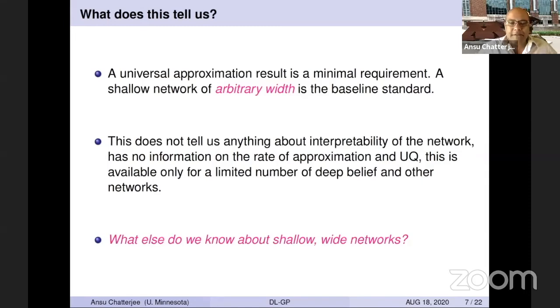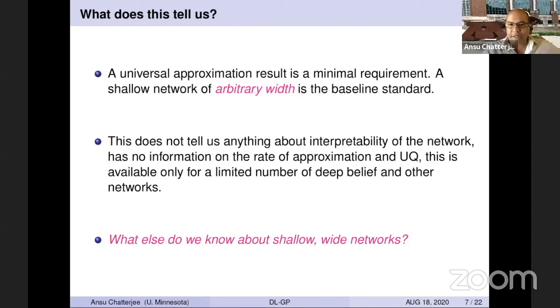If you cannot do it, you're doing something wrong. So that's the first step. But this particular angle, universal approximability, does not actually tell us anything about either the interpretability, rate of approximation, uncertainty quantification, and stuff like that.